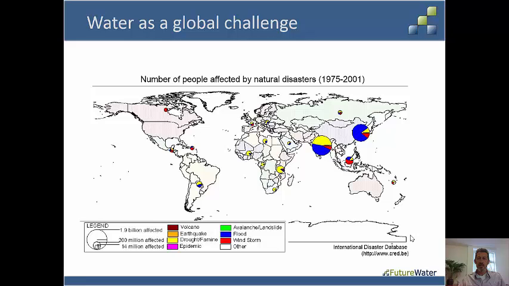And if you look at the legend, it's clear that the blue is flooding, the yellow is droughts. So people are mainly affected by water-related issues. It's not so much volcanoes or earthquakes. It's really water-related disasters which are affecting people in their normal life. So I think if we want to make the world a better world, it's important to do something on water issues.